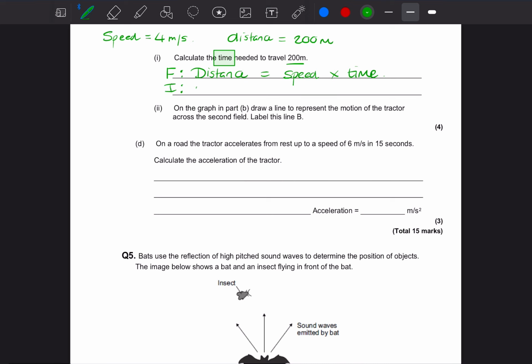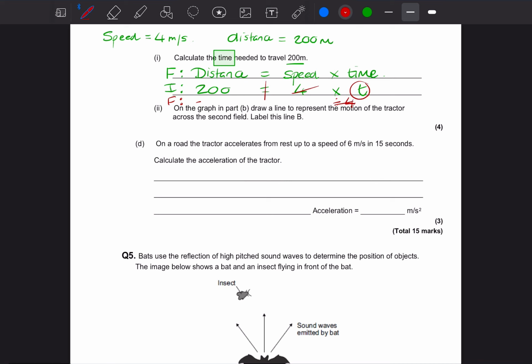All right, input those values in there. So the distance is 200 equals a speed, which is 4, times by the time, which we don't know. So let's do the fine tuning of this. So in order to leave time on its own, we do the inverse function. So it's been times by 4, so we're going to divide by 4. That will cancel the 4s, leaving time on its own.